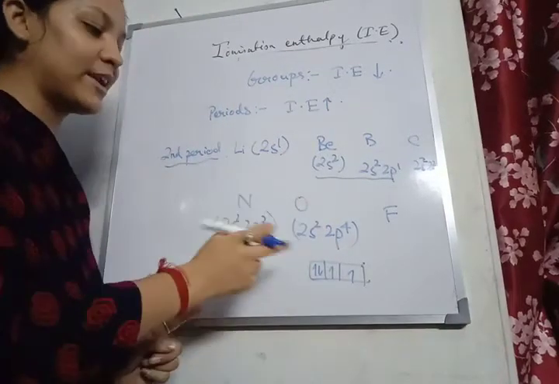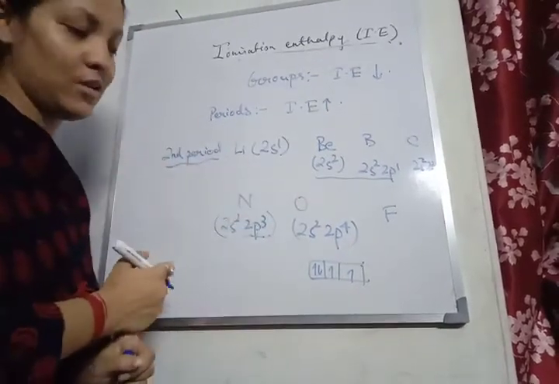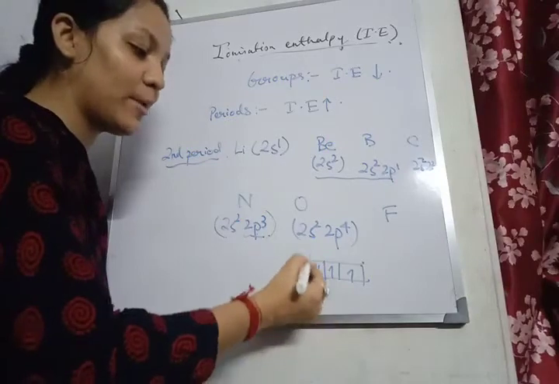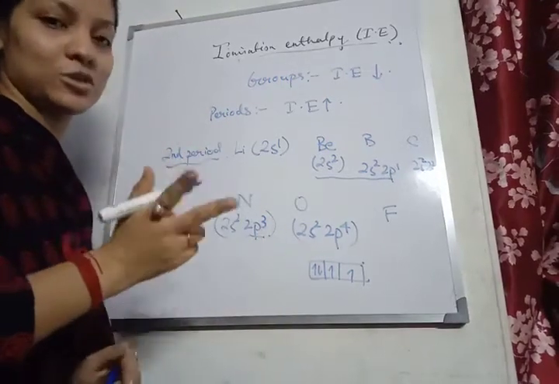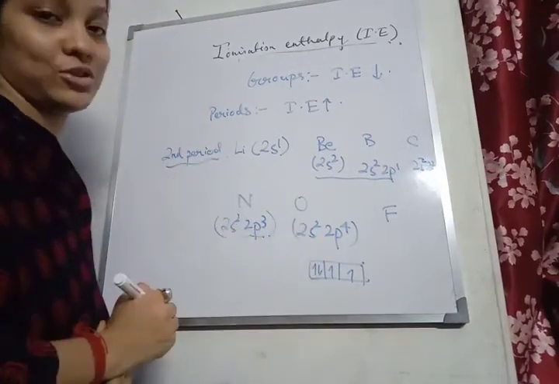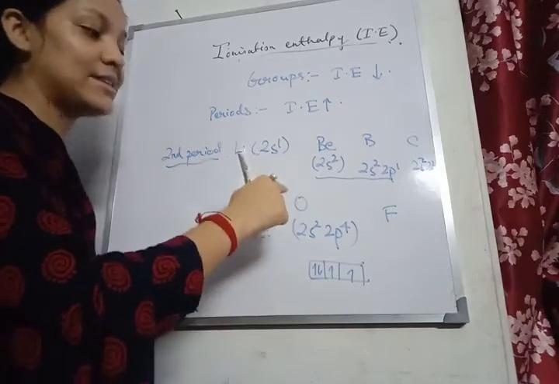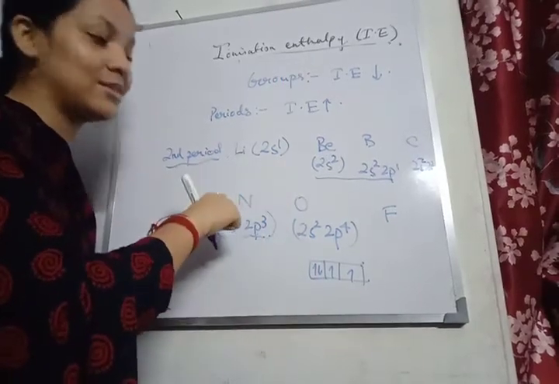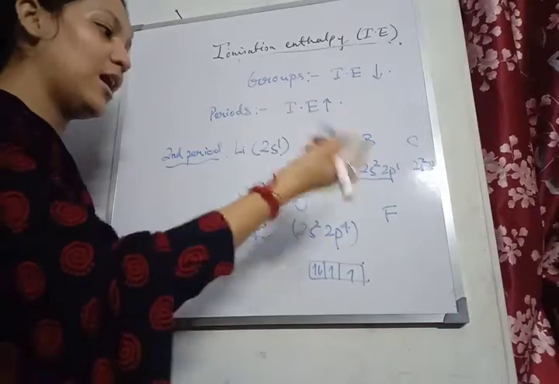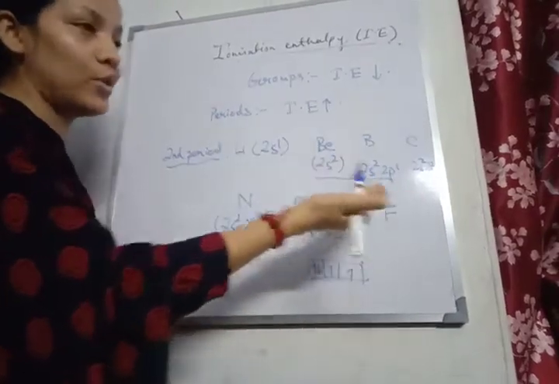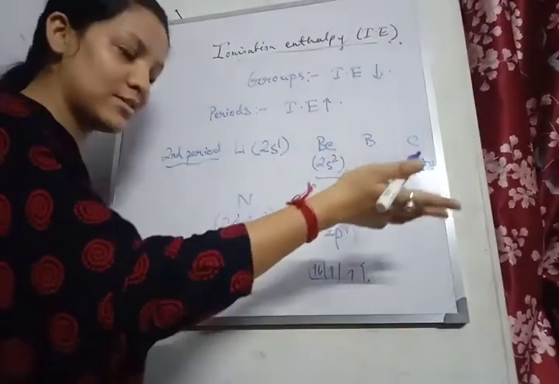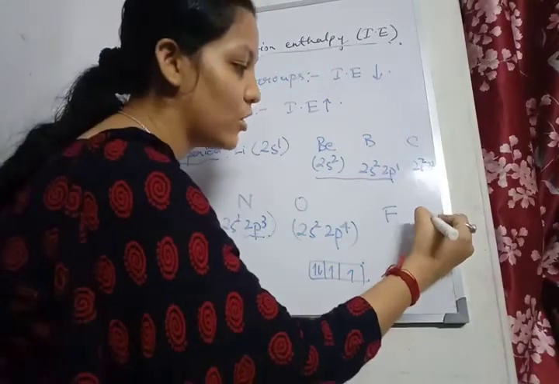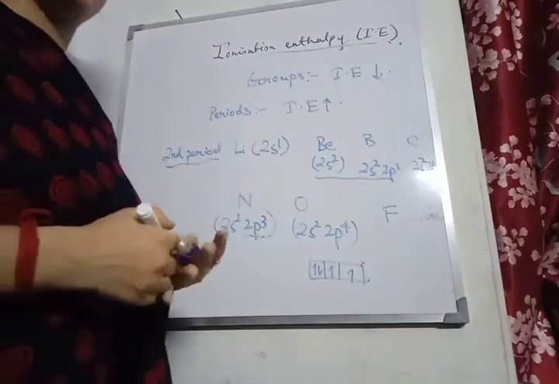So here, first, it is distorting the half-filled configuration. Second, in one orbital we have two electrons with opposite spin, which means there is inter-electronic repulsion. Due to that, its ionization potential will be much lesser than that of nitrogen. Now as we move from oxygen to fluorine, its ionization energy increases, and then finally to neon, its ionization energy also increases.